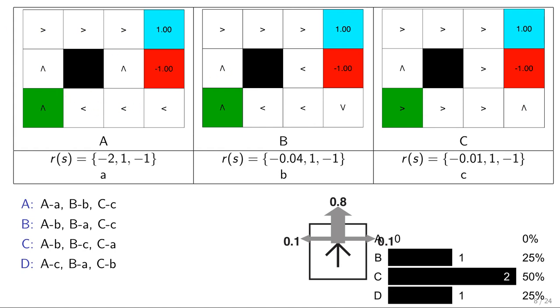Basically, if you're here, you're supposed to go here, which makes total sense. If you're here, you're taking a detour, and the reason for this is that it's dangerous to go around this square, because there's always this 10% chance that you will fall into the -1, and you don't want that.